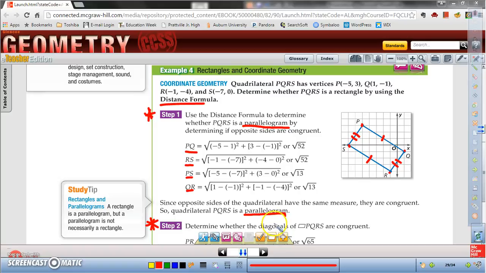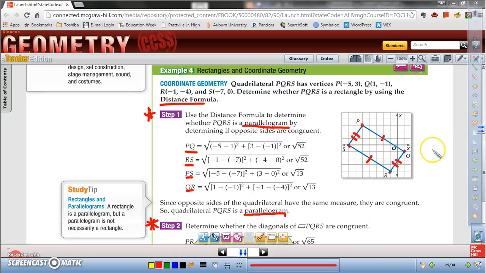So then I can take this one step further and make sure that it is a rectangle. On top of being a parallelogram, there's two criteria that a rectangle has that a parallelogram does not.